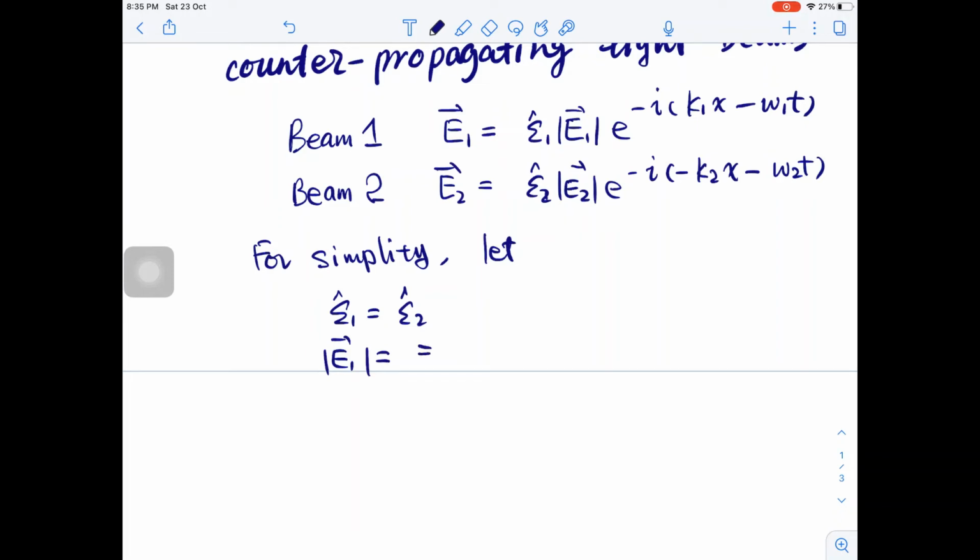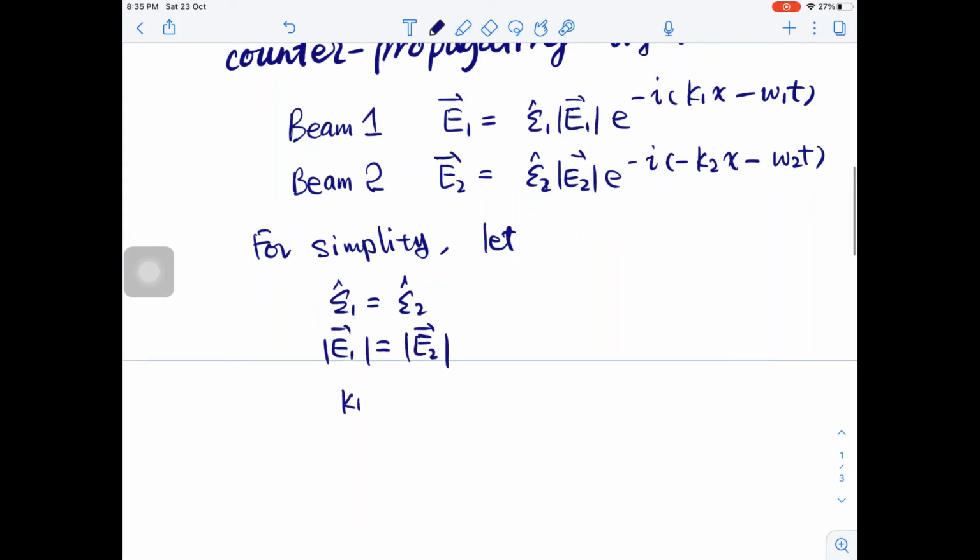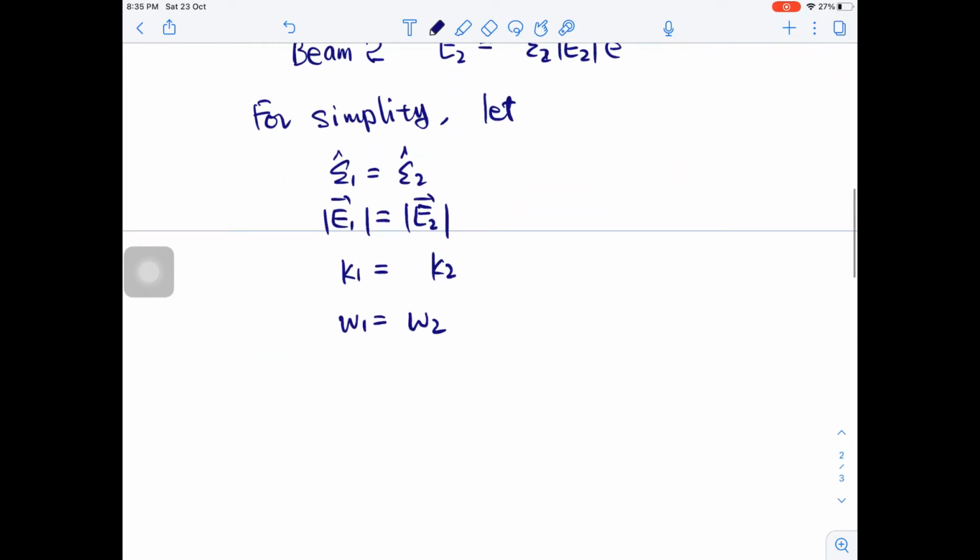For simplicity, we can let epsilon 1 equal epsilon 2. That means the two beams have the same polarization, and we also set the amplitude to be the same, and we set k1 equal to k2. That is the number, but the direction is different. Omega 1 equal to omega 2 means they oscillate at the same frequency. We set E1, E2 to be 1.